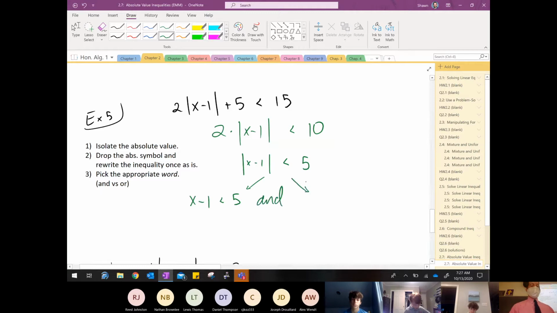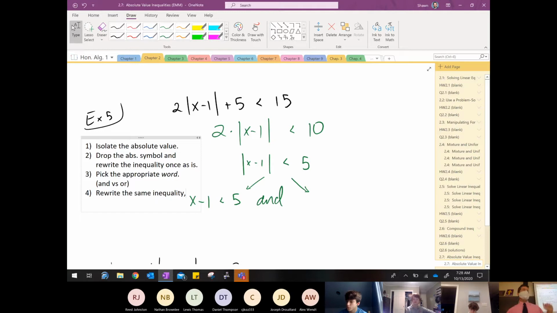And then my fourth step in this case is going to be to rewrite the same inequality. I'll just say it verbally and you guys can write it down. When I dropped the bars the first time, I just rewrote it as is, right? The second time I'm going to rewrite it, I'm going to change two things.